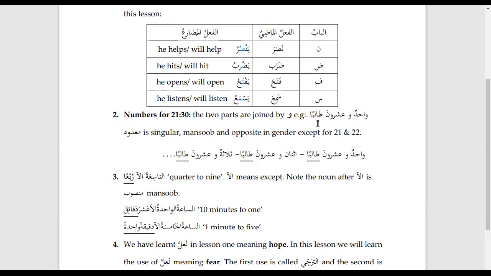So wahidun wa ishruna taliban. The ma'dud is singular, as we can see here, taliban. It is mansub, and opposite in gender, except for 21 and 22. So numbers like 21 and 22, 31 and 32, 41 and 42, 1, 2, 11, 12, this set will always be equal in number and gender.